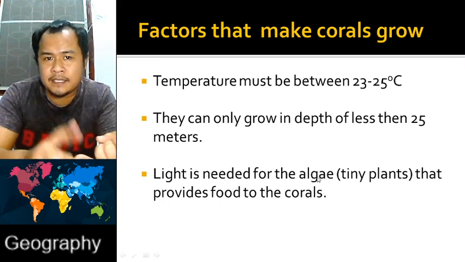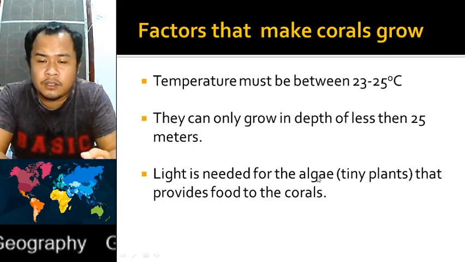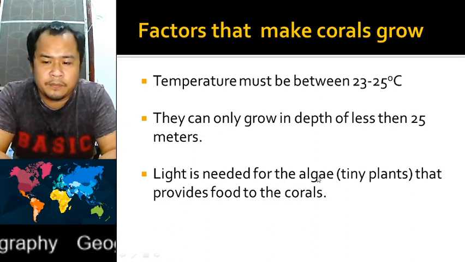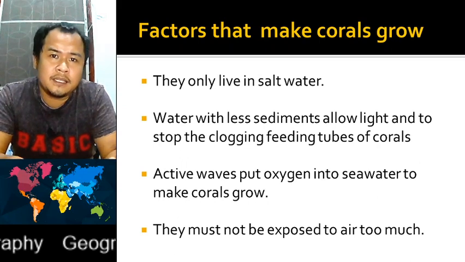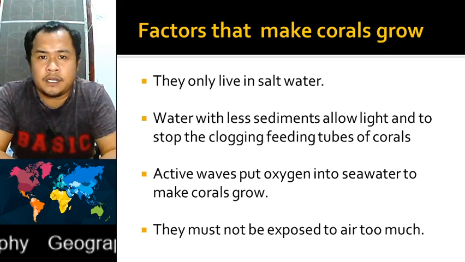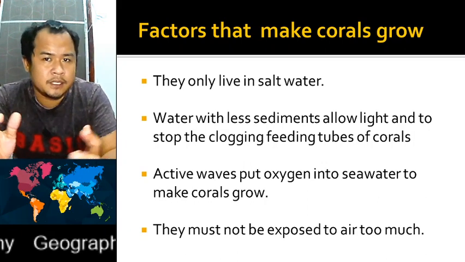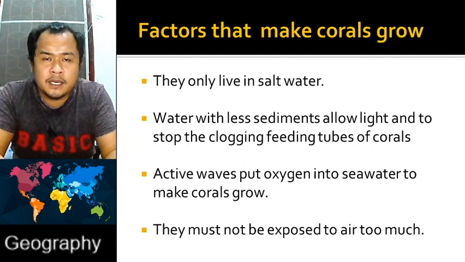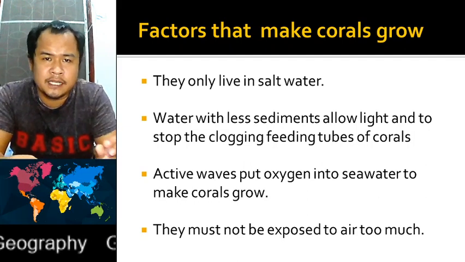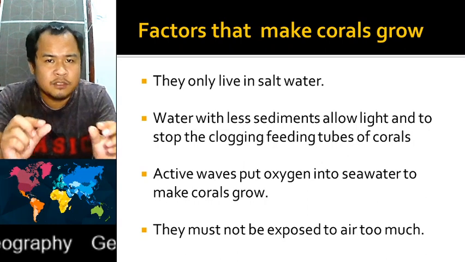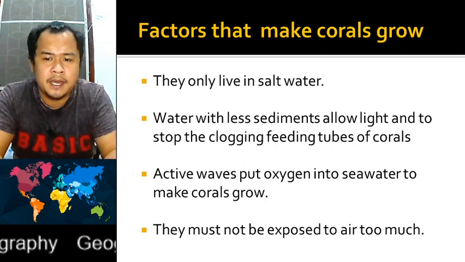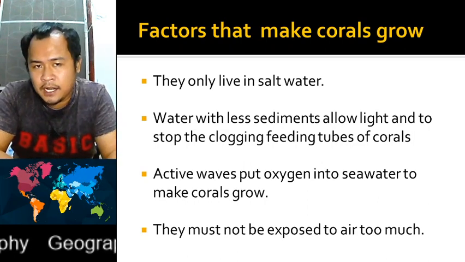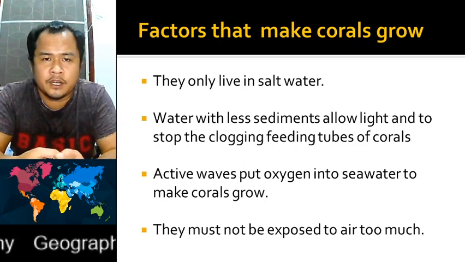So as long as there is light and the algae, or the tiny plants, will grow, then the corals will continue to grow. And they only live in salt water, not in fresh water. The water needs to have less sediments or less materials, because these small materials may trap the light, and when there is no light, there will be no photosynthesis for the algae, so there will be no food for the corals.